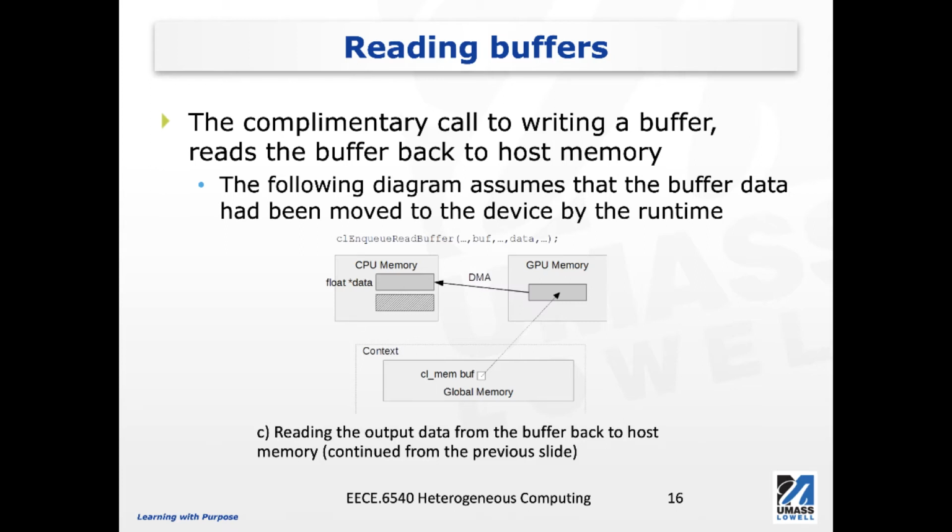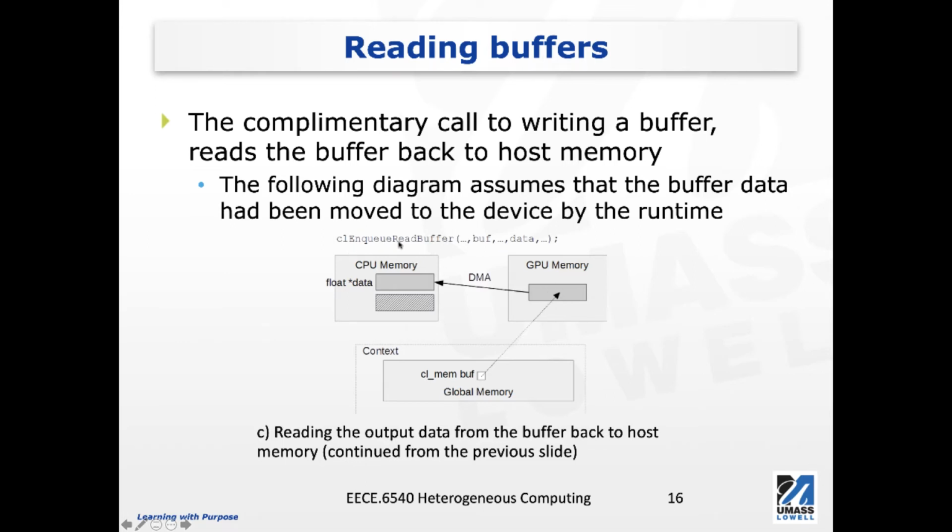Reading buffer APIs is a complementary call to writing a buffer, and it reads the buffer back to the host memory. This diagram assumes that the buffer data has been moved to the device by the runtime. So we already have the data here in this buffer on the device side.